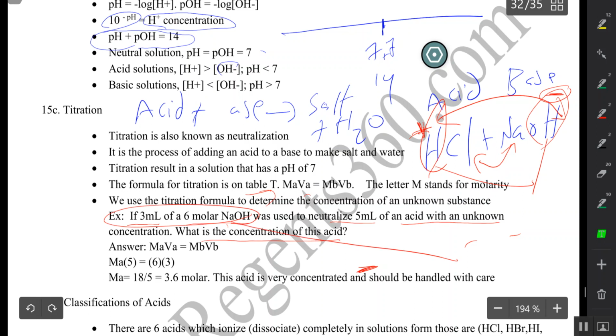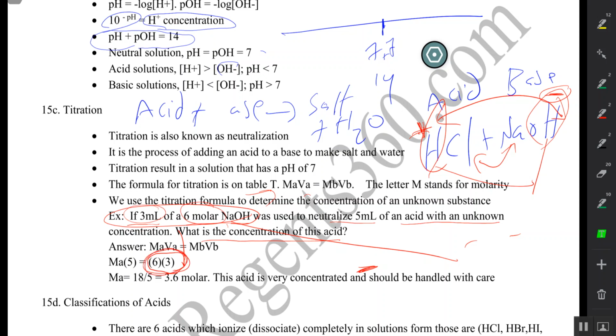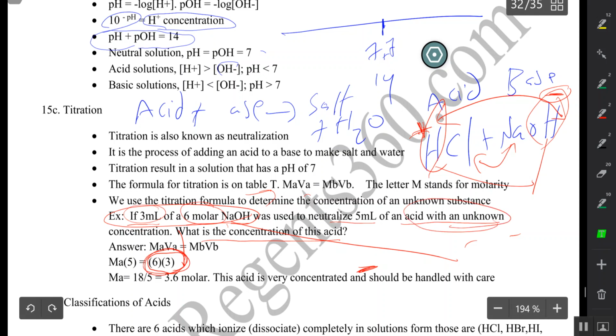So here's your MBVB. My molarity of the base multiplied by my volume of the base: 6 is the molarity, volume is 3, so 6 times 3 equals the molarity of the acid, which is the unknown concentration, Ma, multiplied by the volume of the acid, which in this case is 5.